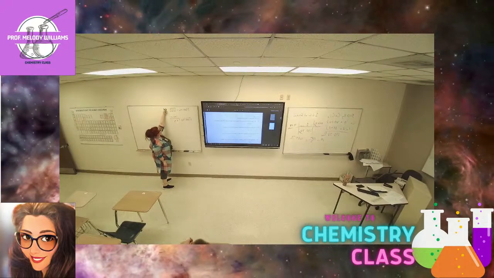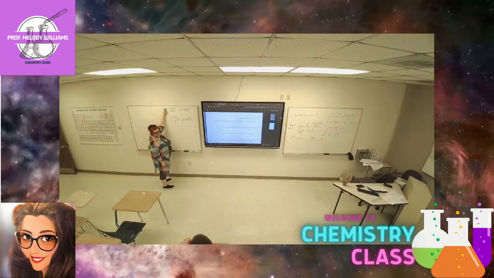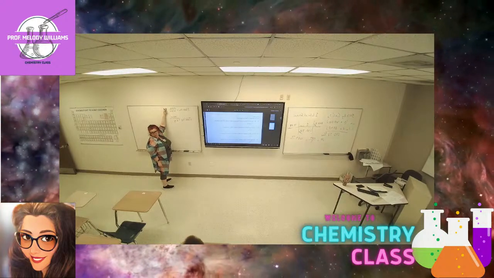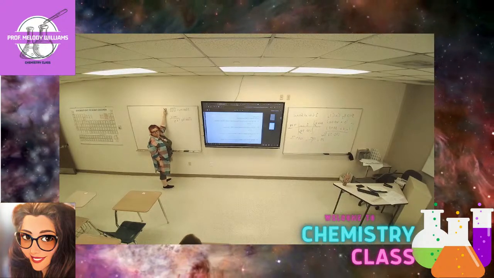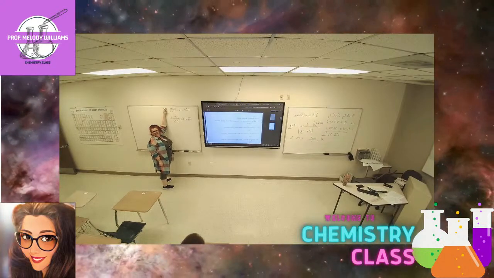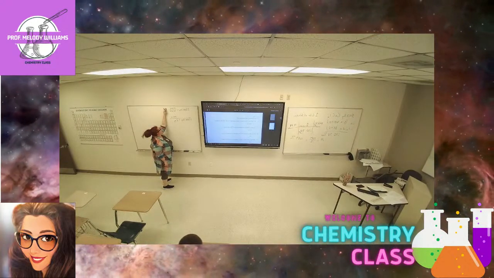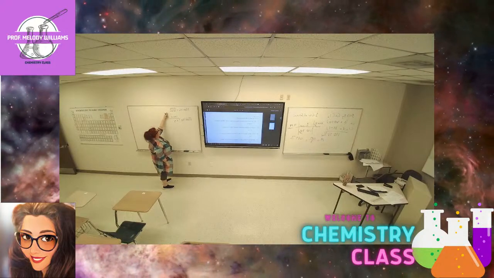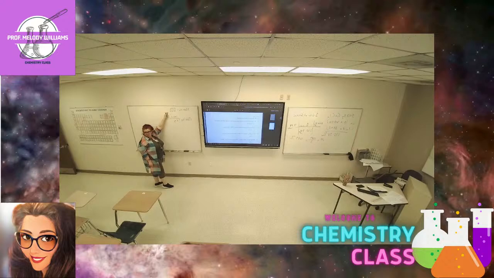Yes, so moles is essentially amount of stuff, right? Amount of particles, amount of molecules, atoms. A mole could be, we could have a mole of flowers, right? It's a lot of flowers. But yeah. So we've got amount of stuff divided by volume, right?